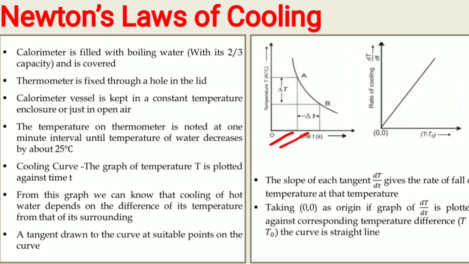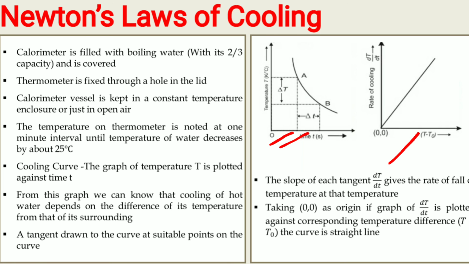A tangent is drawn to the curve at suitable points on the curve, as you can see in this graph. The slope of the tangent, dT by dt, where capital T is temperature and t is time, gives the rate of fall of temperature at that temperature.